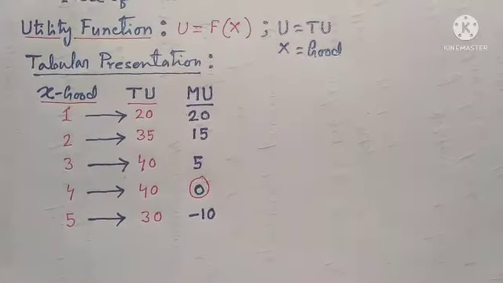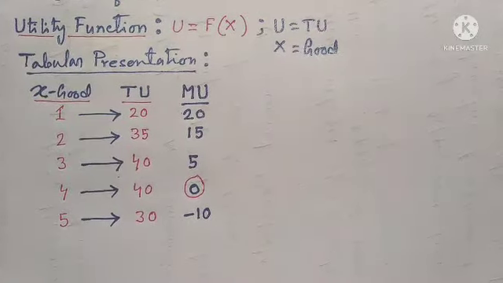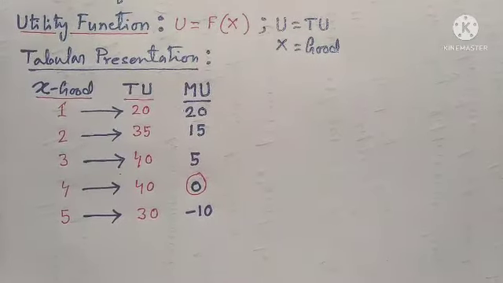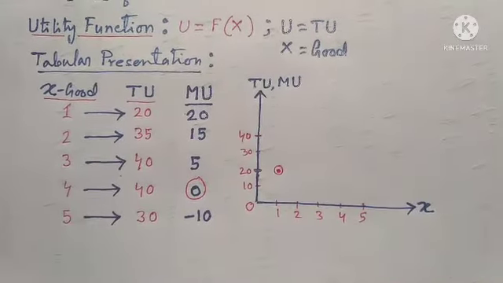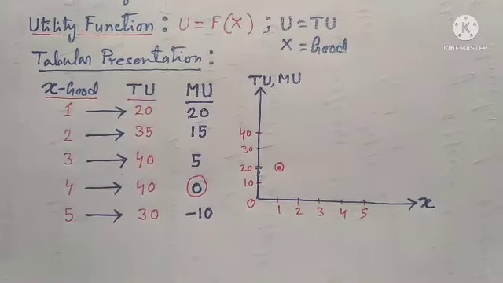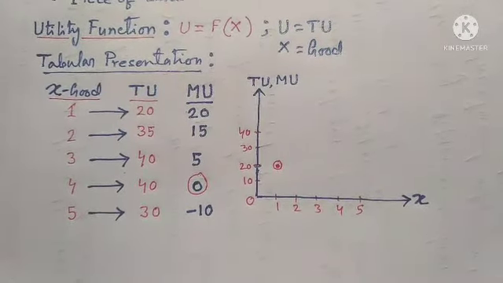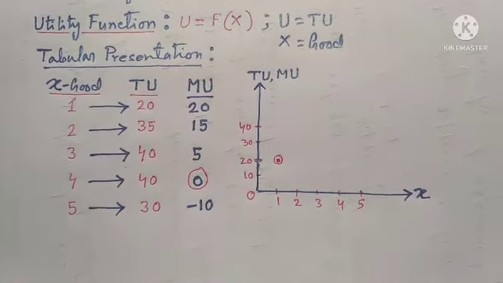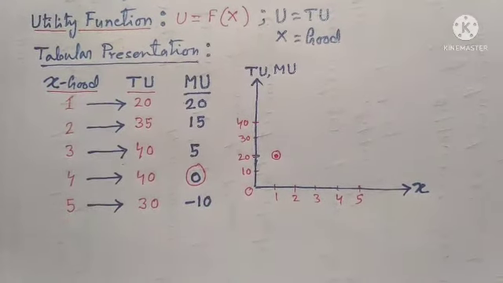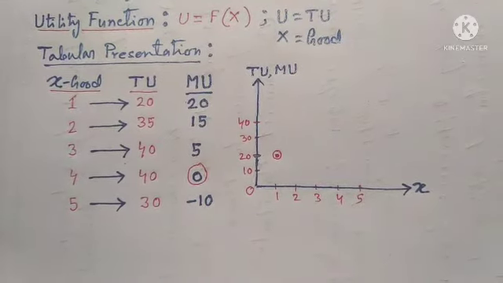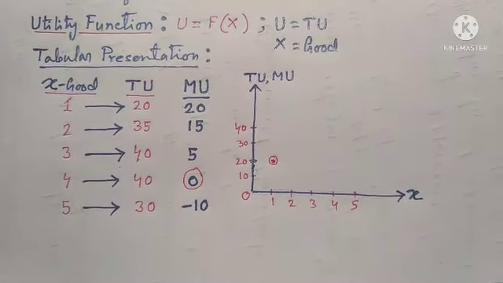Now if we plot this situation in a diagram, we can see the exact relationship of total utility and marginal utility. To draw the total utility curve, the first coordinate is x good consumption 1 and total utility 20. That is, for the first unit the total utility is 20, and we take this combination in the diagram.